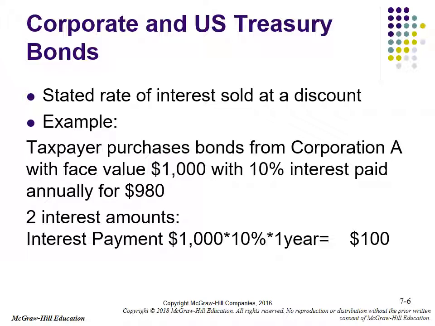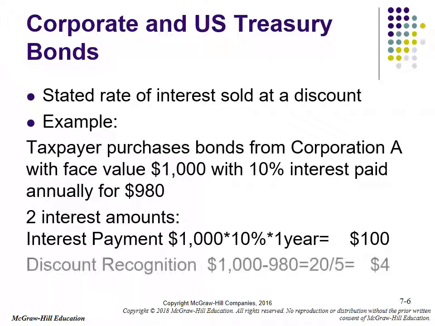Because this bondholder paid less, they only paid $980 today, and in 5 years they're going to get $1,000, there's another component of interest. And to keep it simple, this is how we would calculate it. We would take the 1,000 minus 980, so the difference, how much less did they pay for it? That's the discount, $20.